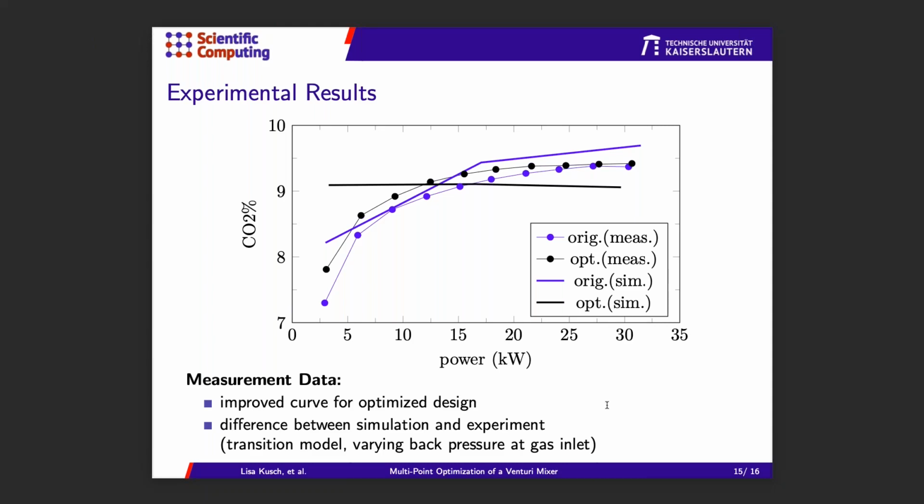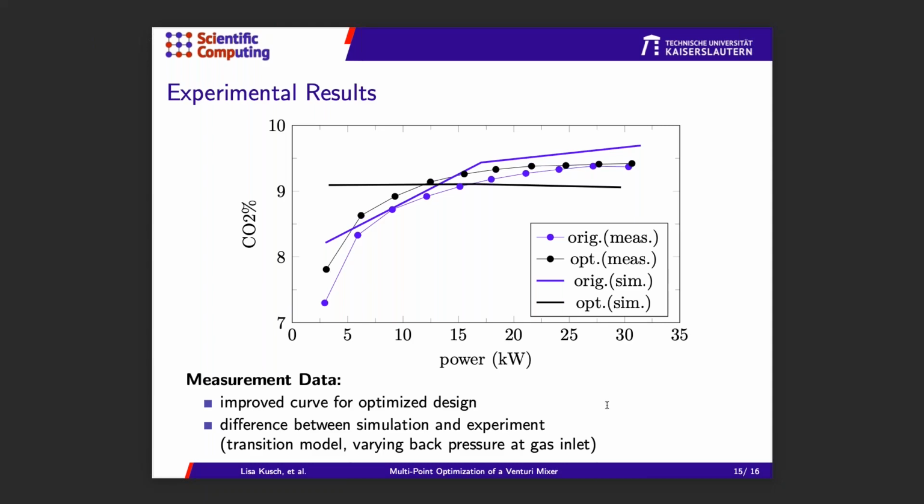So the prediction that we have this almost perfect fit is not valid. There are still some discrepancies between the simulation and the measurements. One important factor is, for example, that we just set for the gas inlet 0 back pressure for all the power cases, and that's usually not the case.